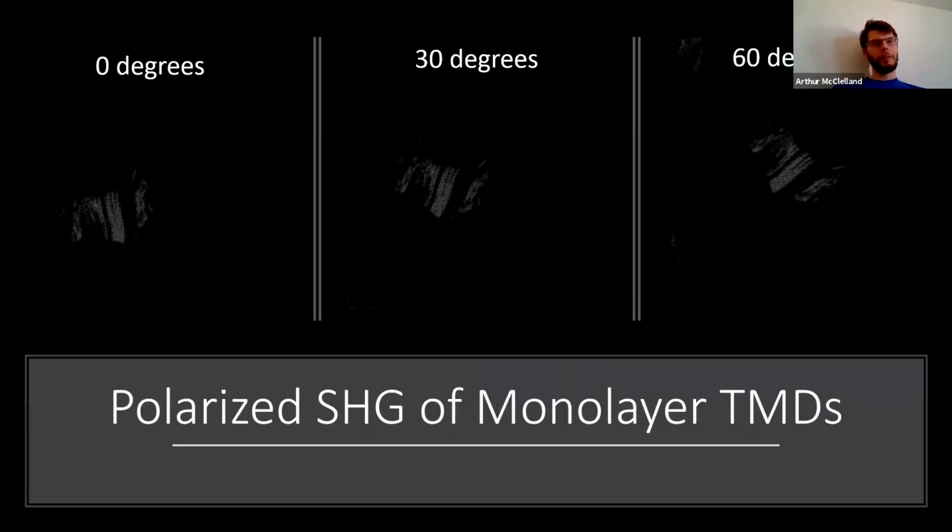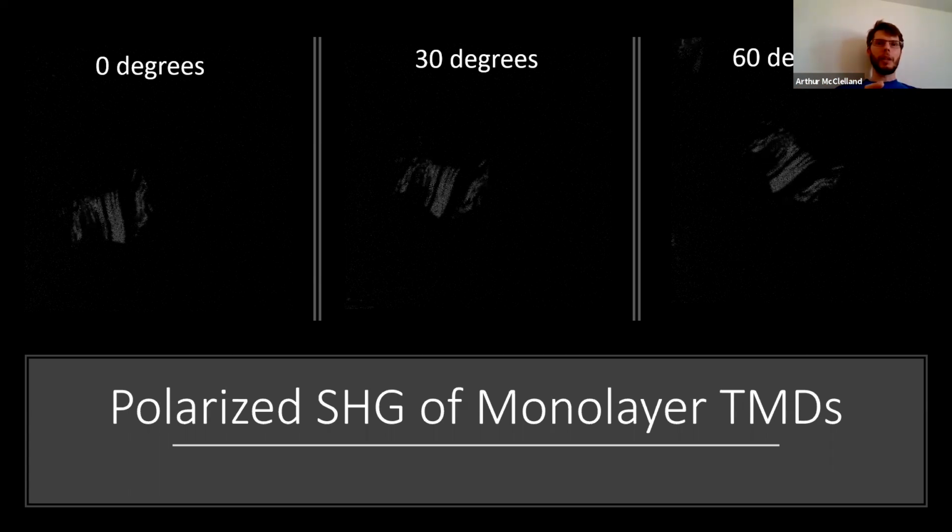So the advantage of that is that the selection rules for second harmonic generation forbid it in centrosymmetric media. A centrosymmetric media is one where if you look up and look down, it all looks exactly the same. Imagine you're an atom sitting in the media. If you look up and you look down and everything's exactly the same, then that's a centrosymmetric media. It has a center of inversion symmetry.